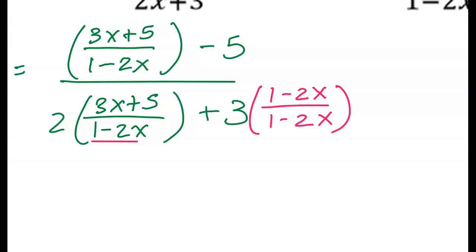Now, what makes this problem different than the problem we had last class with compositions is that we also need to get a single fraction in the numerator as well. So I also need to multiply this 5 by the other fraction's denominator.